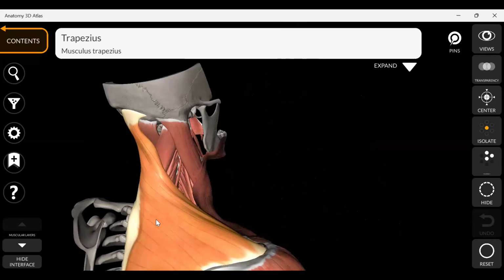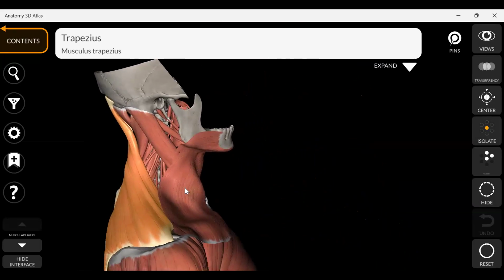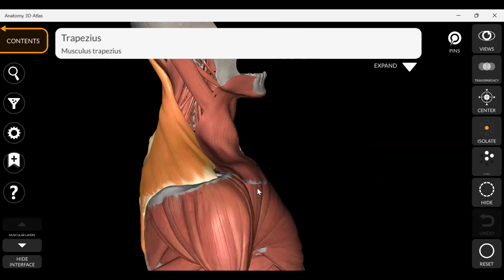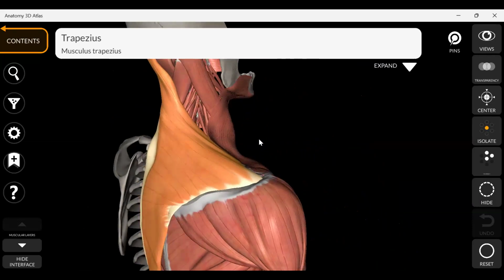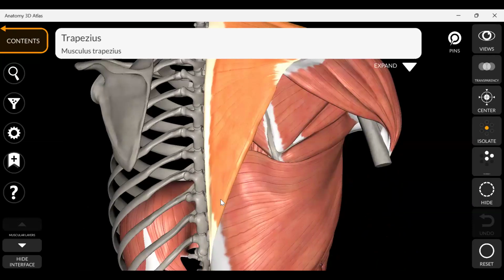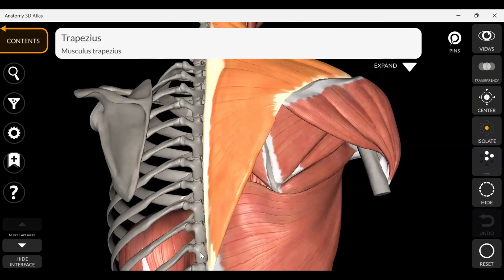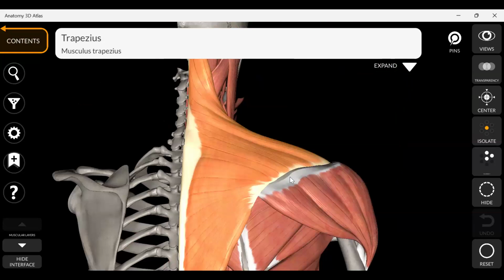Some fibers attach to the outer third of the clavicle, then over the acromioclavicular joint, then the whole of the acromion, and the lower fibers come from the lower part of the thoracic spinous processes, continue up, and attach more towards the acromion process.